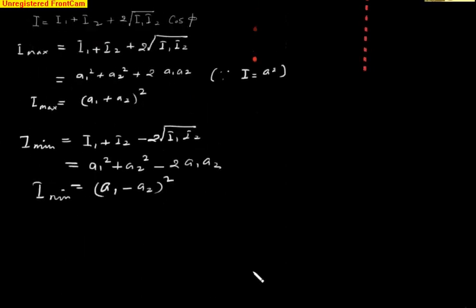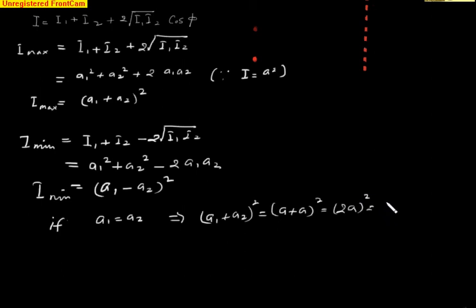Now, under special conditions of coherent sources, suppose the amplitudes are equal, that means A1 is equal to A2. In that case you will find that (A1 plus A2) whole square will be equal to (A plus A) whole square, that means (2A) whole square. It means 4 times A square.